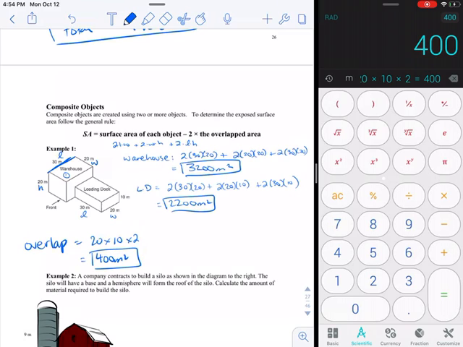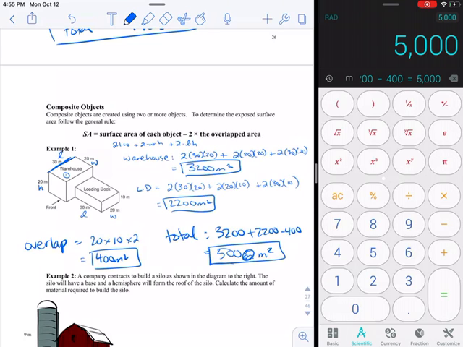So the total, we're going to take 3,200, add it to 2,200, but then subtract 400 because that is not exposed. So 3,200 plus 2,200 minus 400 gives us a total exposed area. Oops, I need an extra 0 in there. Is 5,000 meters squared.